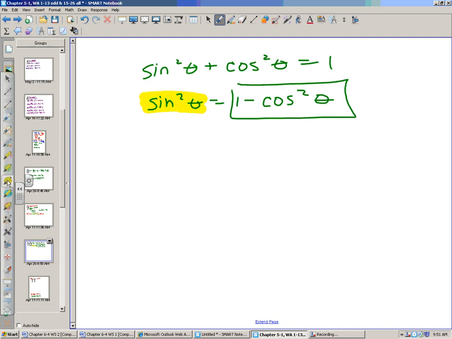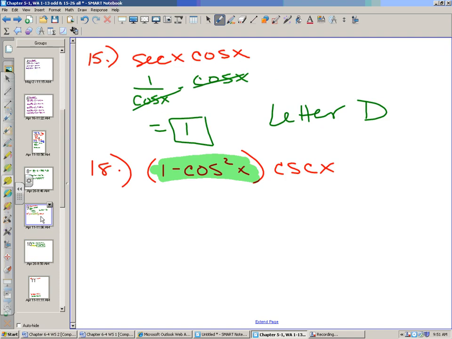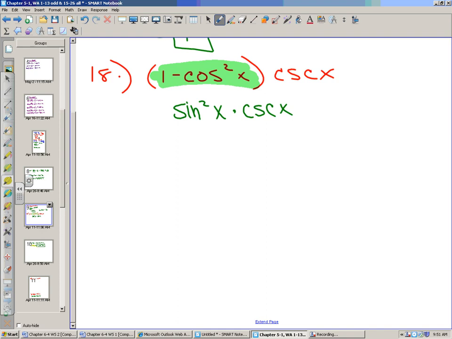Does that make sense? It's no different than saying Chris and Christopher. They are the same. With that said, I can plug in there now. So this is going to be sine squared x times the cosecant of x. And now your brain needs to say, well, can we get everything in one term?